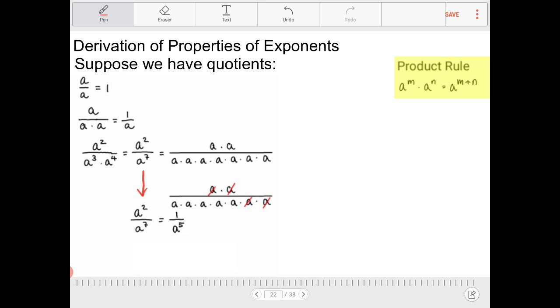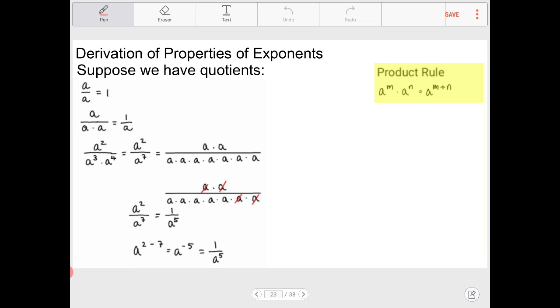A to the second over a to the seventh becomes 1 over a to the fifth. Or in other words, this is the action that has taken place. If I take the exponent in the numerator, subtracted by the denominator, I'll end up with a to the negative fifth.